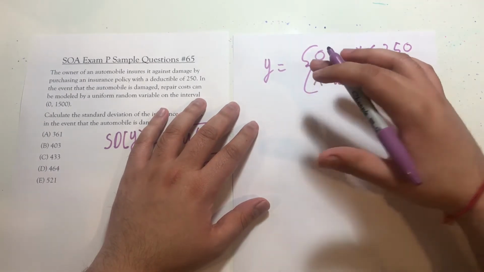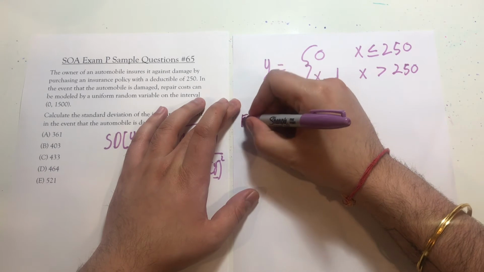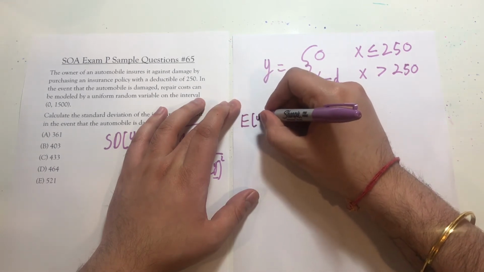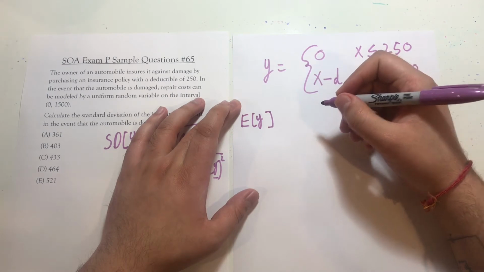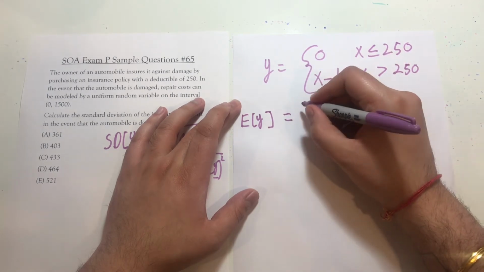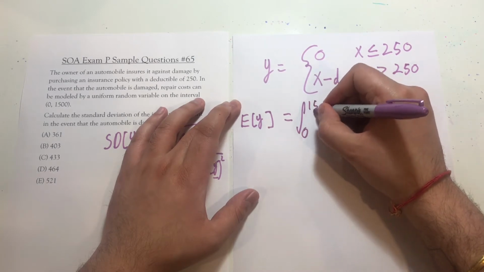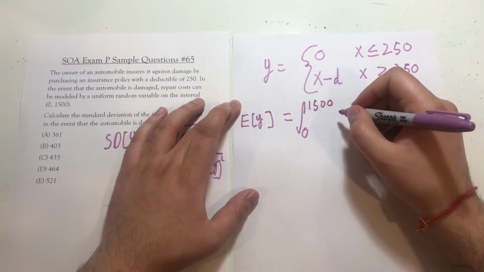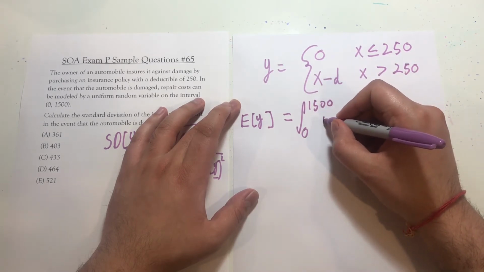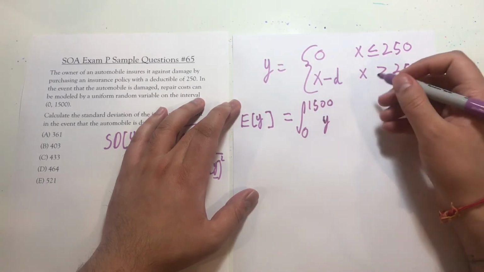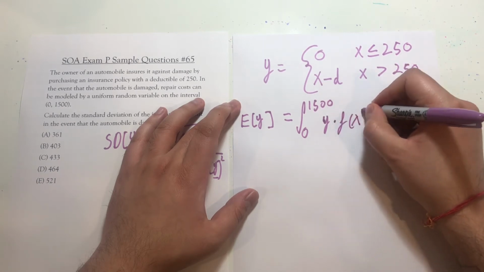So, how do we get the expected values? Well, the expected value of y, which is a function of x, is going to be equal to the integral over the entire range 0 to 1500 of the function y, multiplied by my density function.